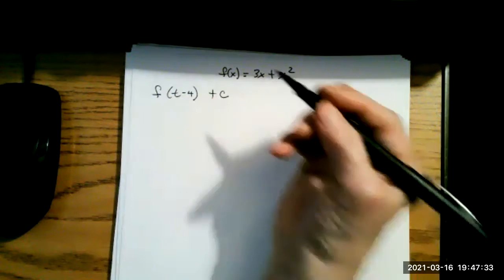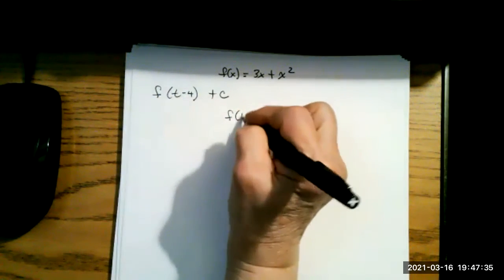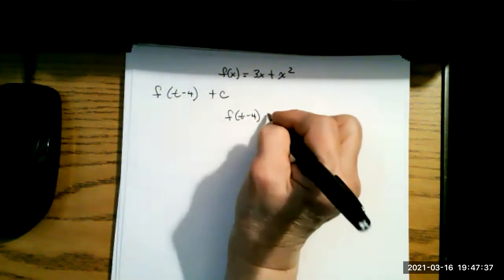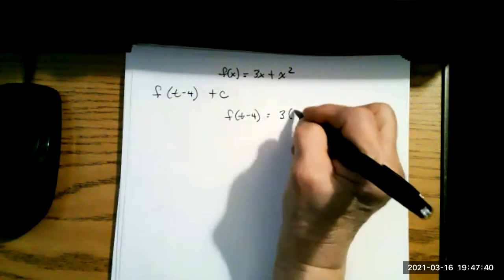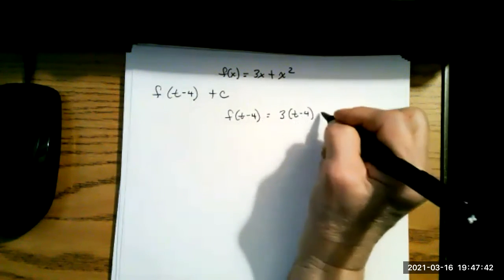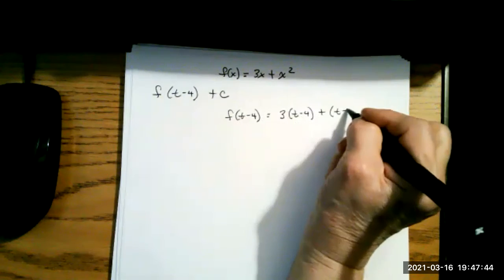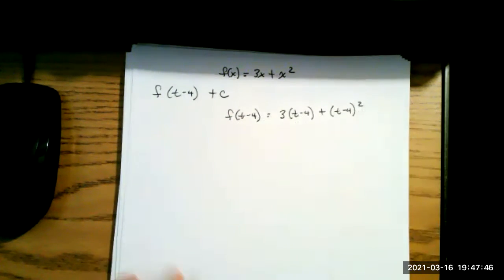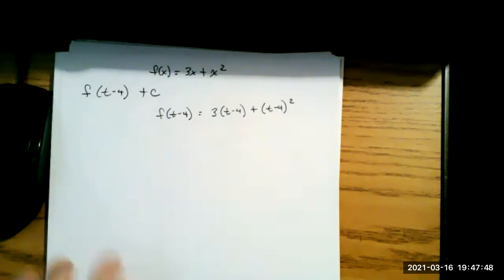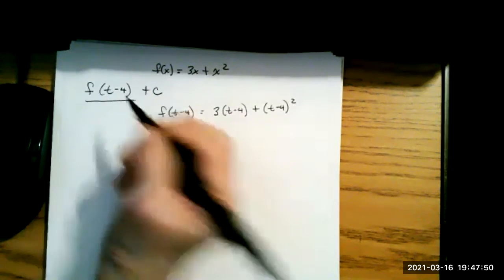So let me show you how this looks. F of t minus 4 is what you're going to find. That's going to be 3 times t minus 4 plus t minus 4 quantity squared. And I'm just doing this portion of it.